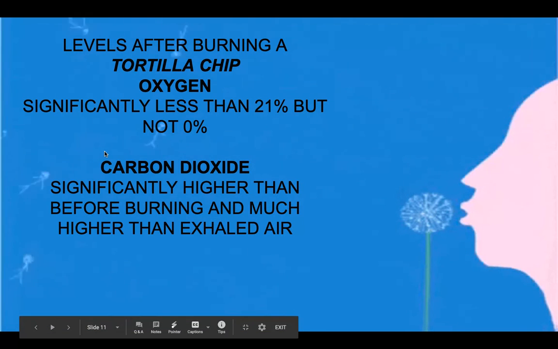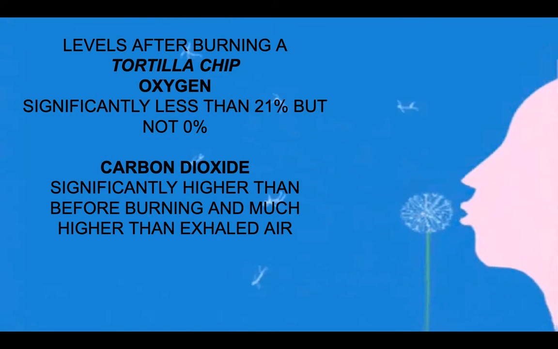All right. So after burning a tortilla chip, your oxygen level is significantly less than the 21% that you started off with. It doesn't hit zero, but it's definitely significantly less. The carbon dioxide is significantly higher.